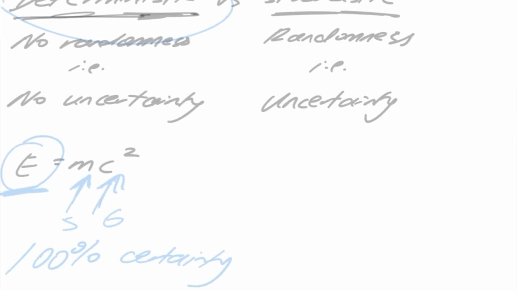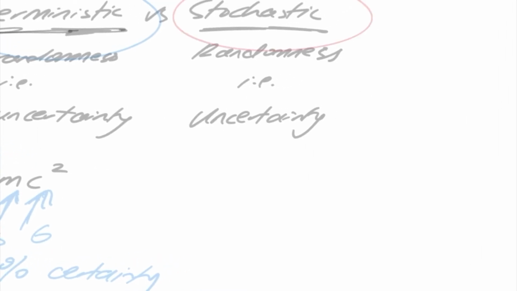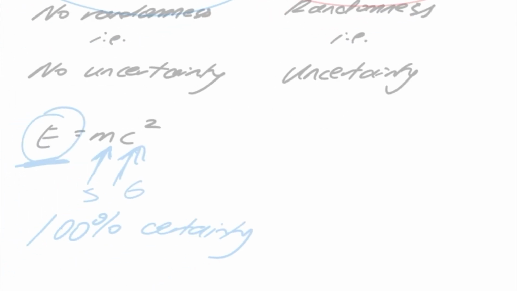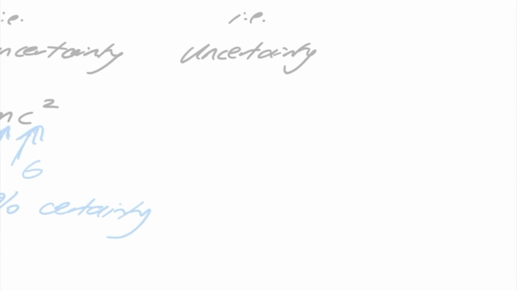Now, on the other hand, let me give you an example of a stochastic model. Stochastic means there is randomness. There is none of this 100% certainty. So let's take this example: fake E equals mc squared.